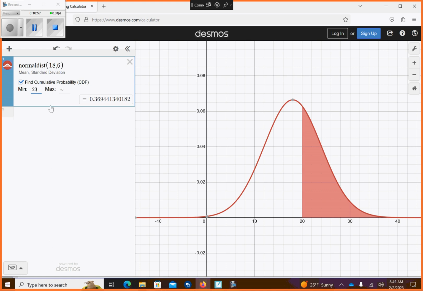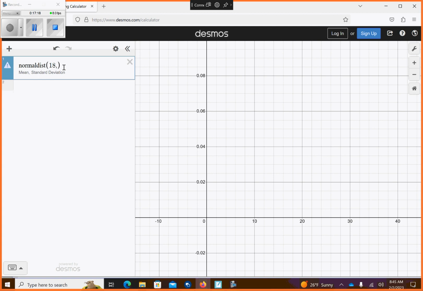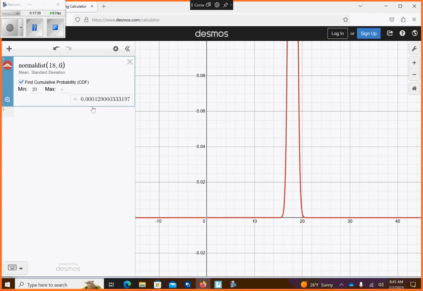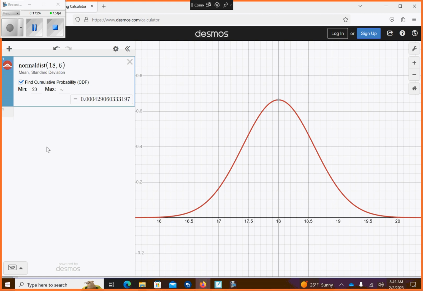But because now I have randomly selected 100 people, I need to change my normal distribution to incorporate the standard error rather than the standard deviation. So I'm going to change my standard deviation from 6 to 0.6. And then this becomes my normal distribution based on that.